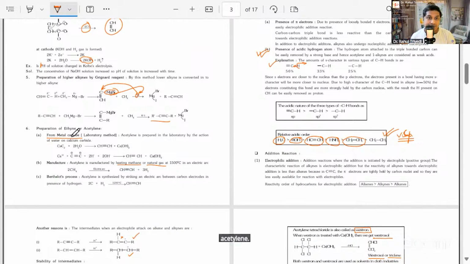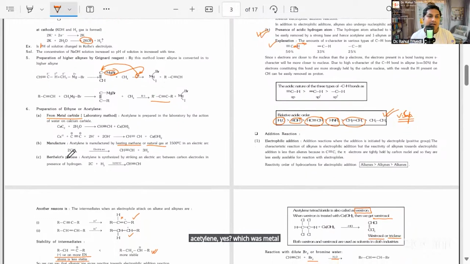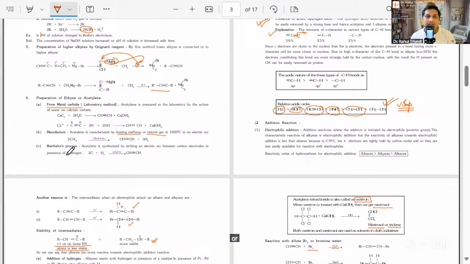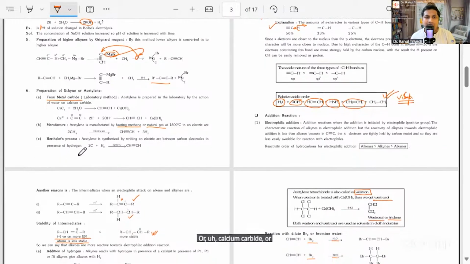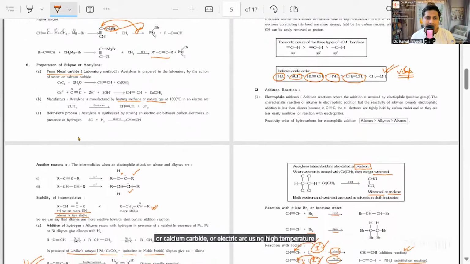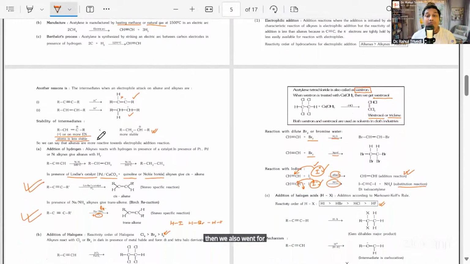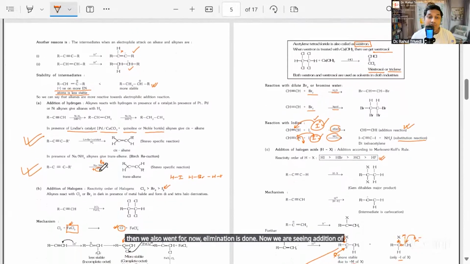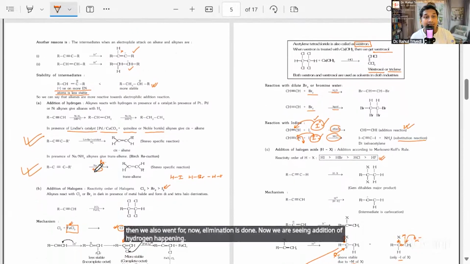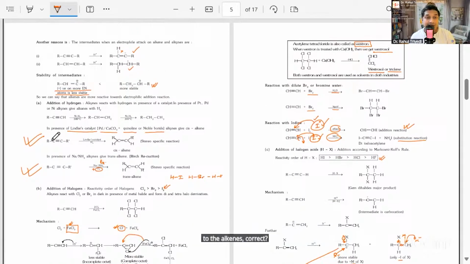Yes, which was metal carbide or calcium carbide or electric arc using high temperature, Berthelot's process and all that. Correct. Then elimination is done. Now we are seeing addition of hydrogen happening to the alkynes, correct, to ethine and all that.